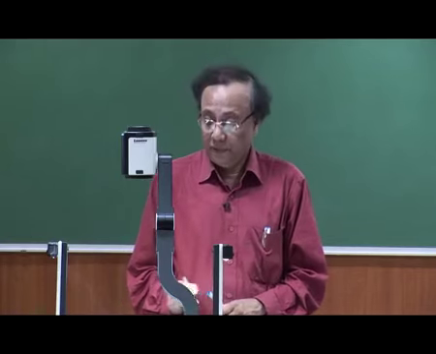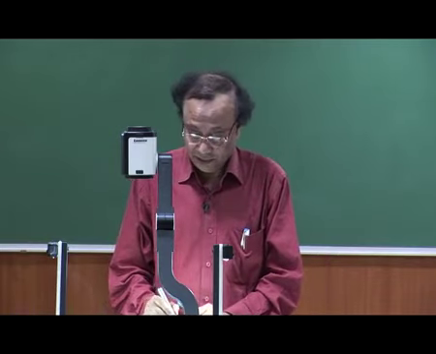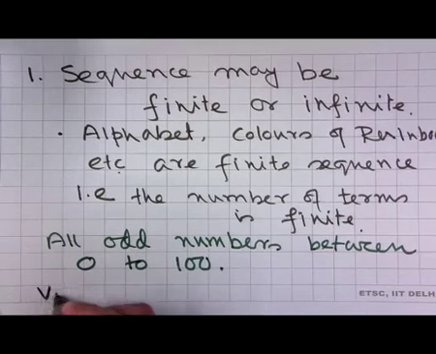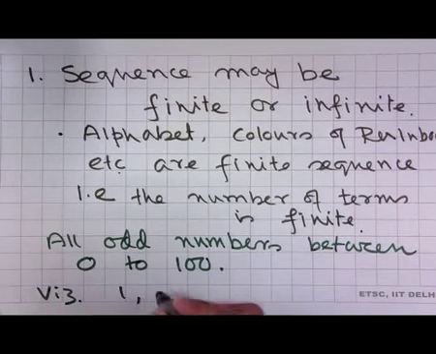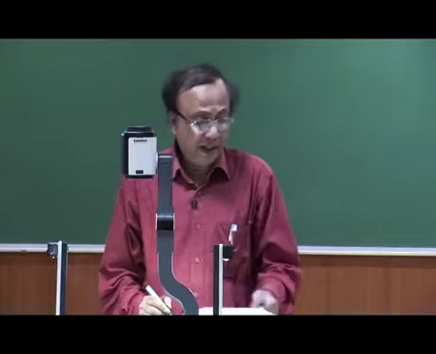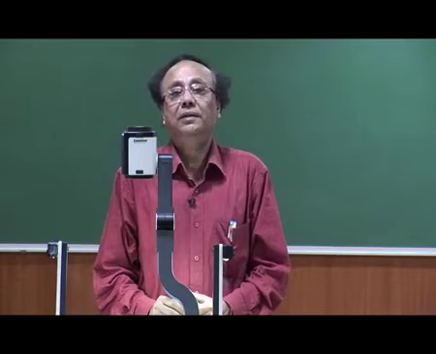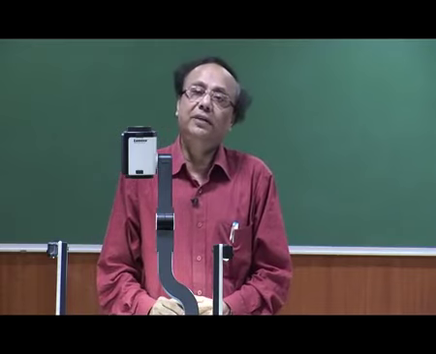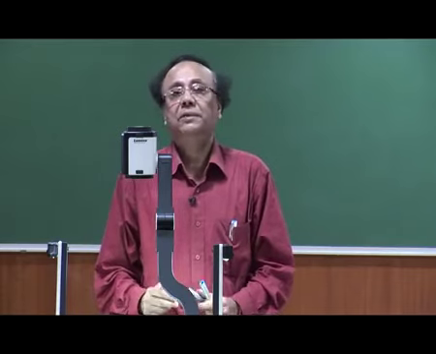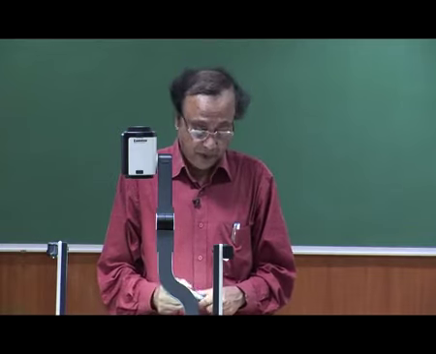And we know there are only finite number of odd numbers, namely 1, 3, 5 up to 99. Finite sequences are somewhat easy to handle. We can easily find their maximum, minimum, sum, average, etc.